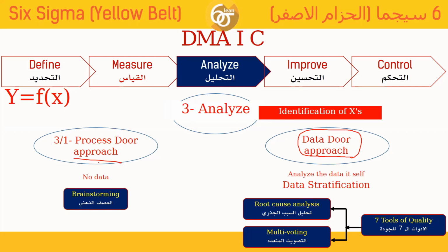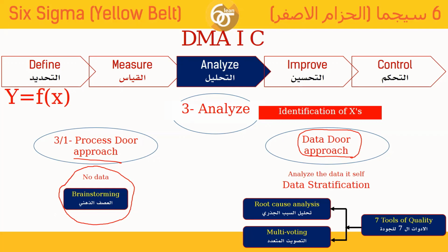If you don't have data, we will use something we call brainstorming. I think many of you know or at least have heard about brainstorming. We will discuss in detail what brainstorming is. If we have data, and we need to identify the X through this data, from this data we need to come out with the X, with the root cause.